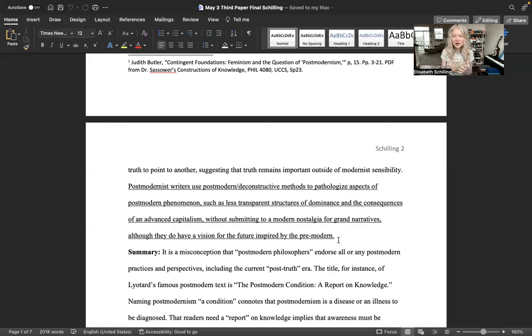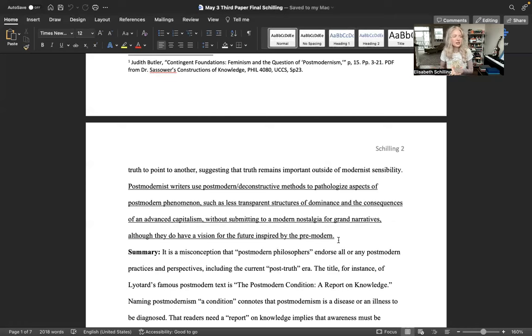So if you're saying something is a condition, that makes it sound like it's an illness to me, that there's something wrong, that it needs a solution. If it's a condition, it's kind of a grave way of putting it. So I'm going to look at rhetoric that kind of fits into that.